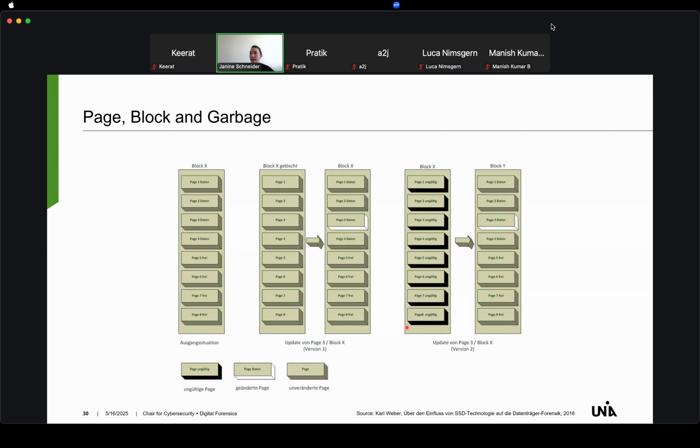So block X is now marked as invalid. We write to a free page on a free block, and then we'll update page V.